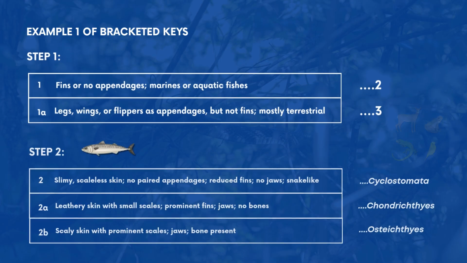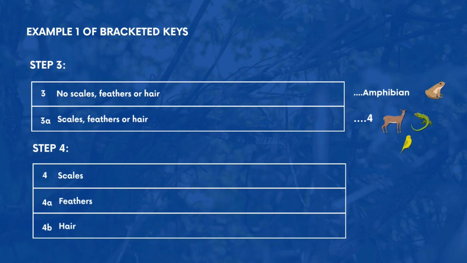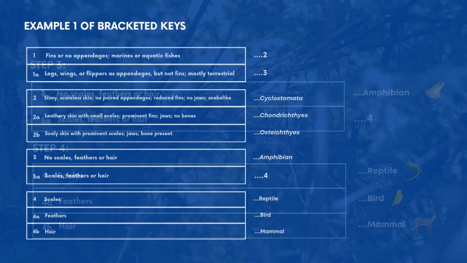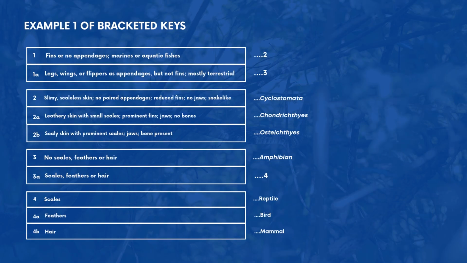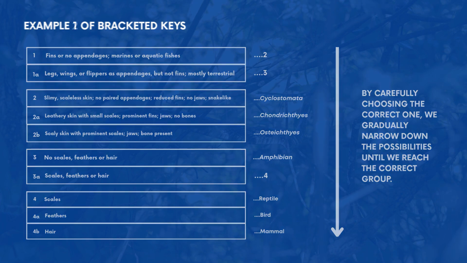At step 2, fishes are further separated into 3 classes. If instead we followed step 3, we enter the terrestrial vertebrates. Finally, step 4 separates the remaining groups. Notice how each step provides 2 opposing descriptions. By carefully choosing the correct one, we gradually narrow down the possibilities until we reach the correct group.